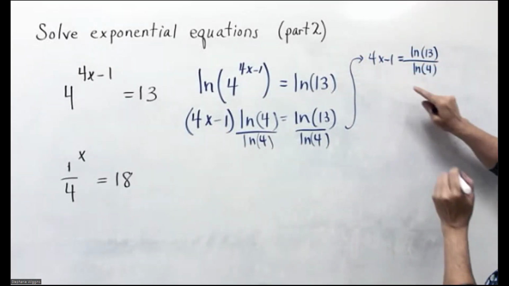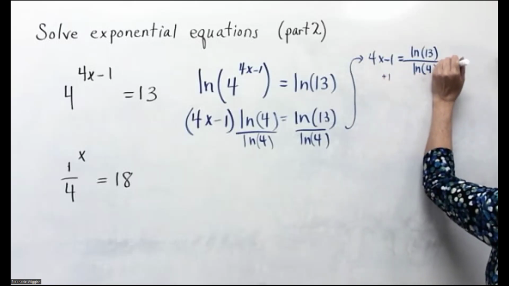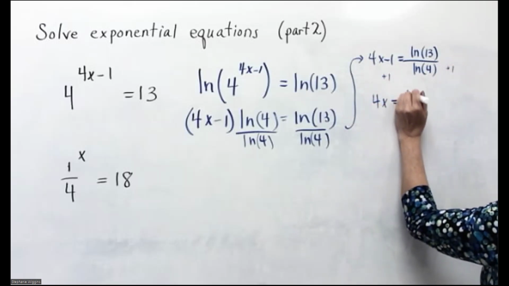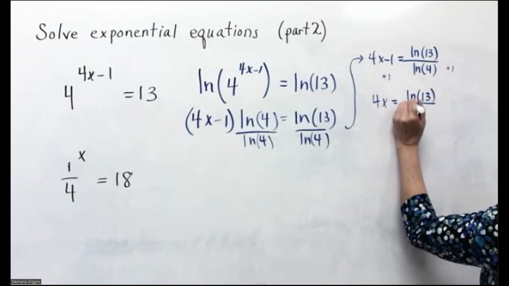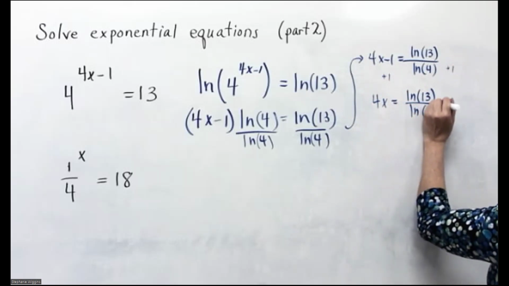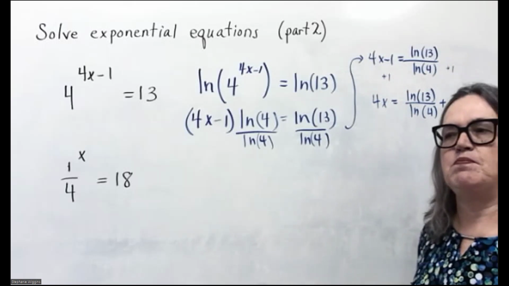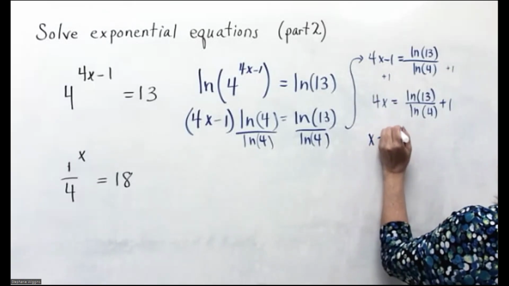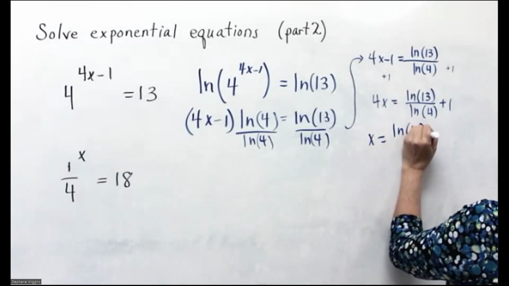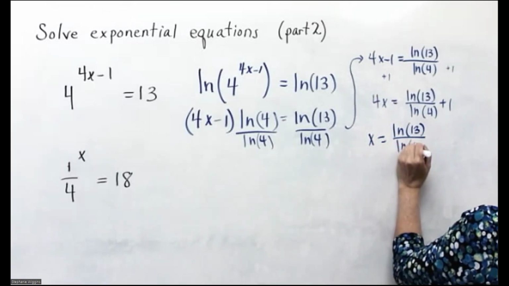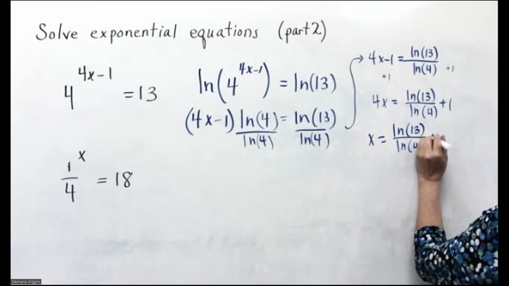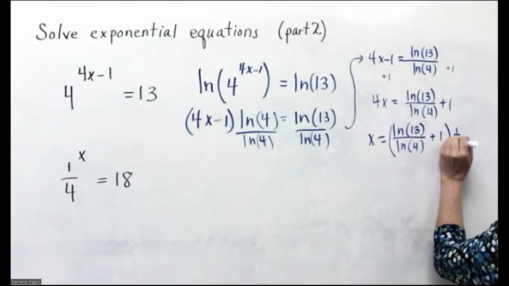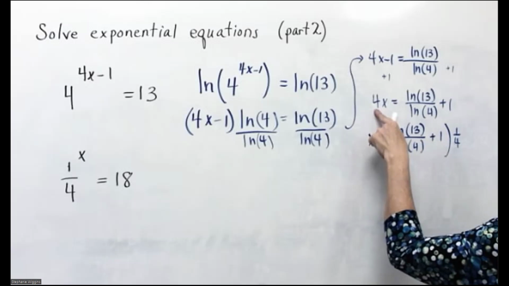Then I add 1 to both sides, so that 4x is equal to the natural log of 13 over the natural log of 4, plus 1. Now I divide both sides by 4 to get x by itself. So x equals the natural log of 13 over the natural log of 4, plus 1, all multiplied by 1/4, because I divided by 4.